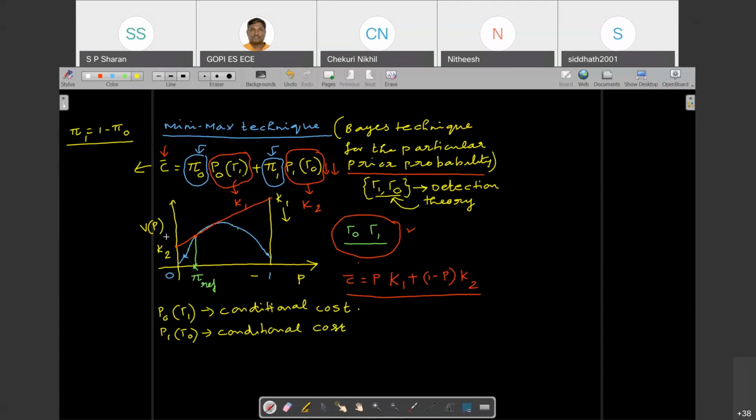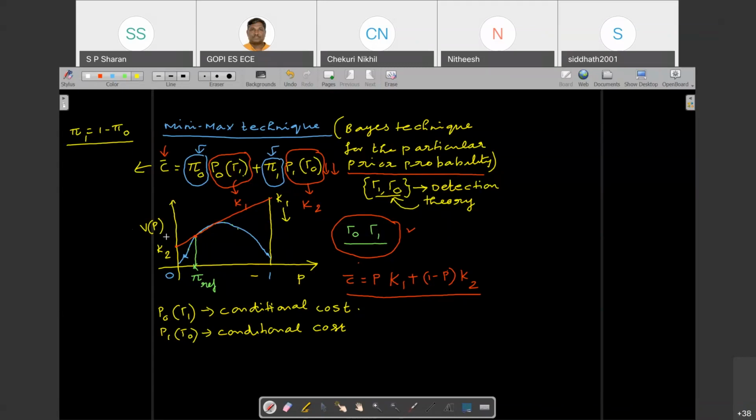So the optimal point in this graph is the location where we get the V of P graph for various prior probability, that is the maximum of it. Your conditional costs are going to be equal.